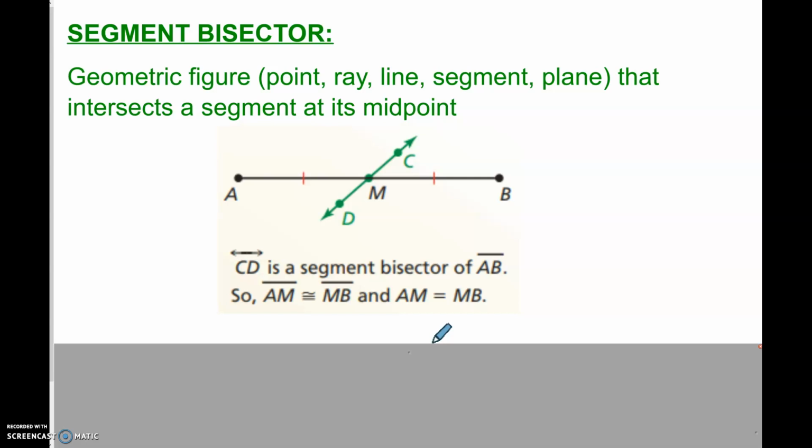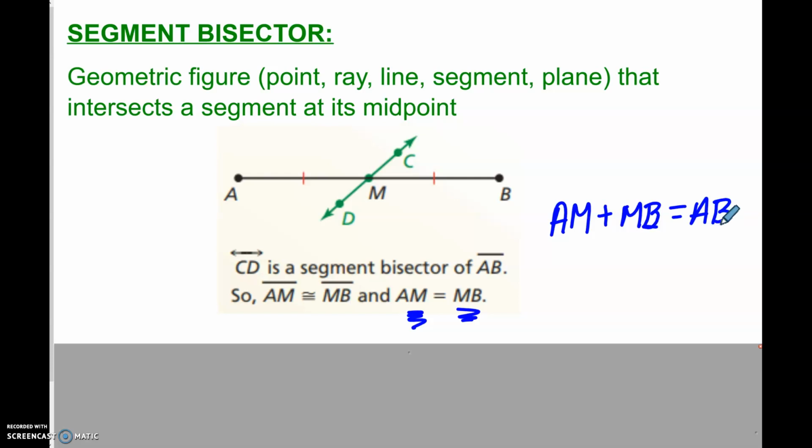The big thing that we need you to understand here is that AM is going to be equal to MB. In yesterday's lesson, we set up the segment addition postulate: AM plus MB equals AB. That is still true, but sometimes they don't give you enough information.